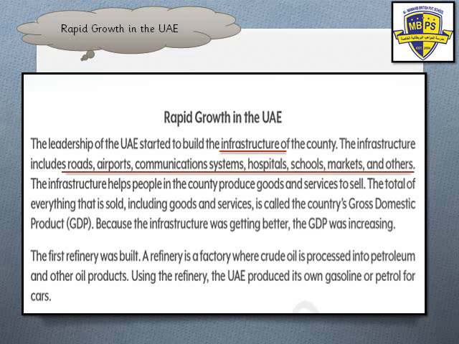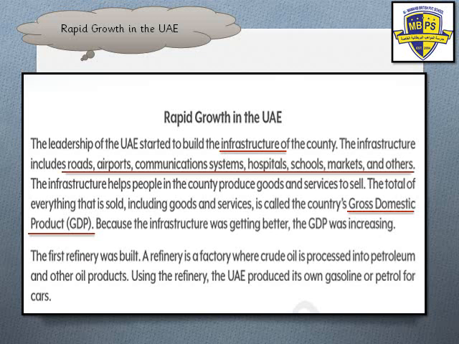The infrastructure helps people in the country produce goods and services to sell. The total of everything that is sold, including goods and services, is called what? The country's gross domestic product, GDP. Because the infrastructure was getting better, the GDP was increasing.